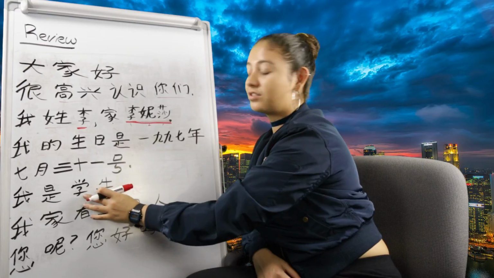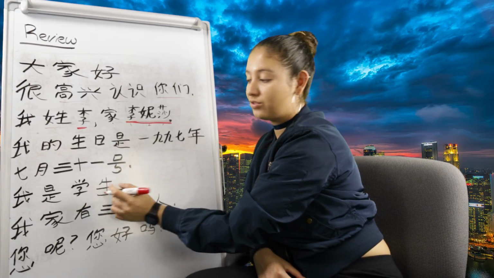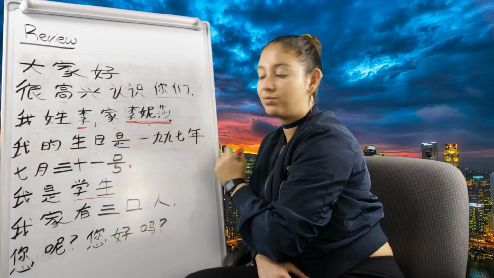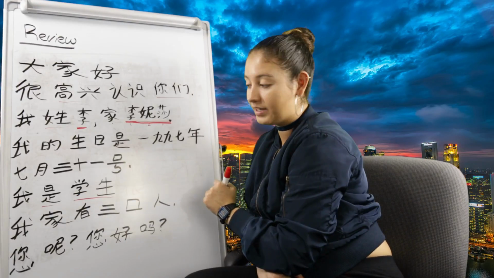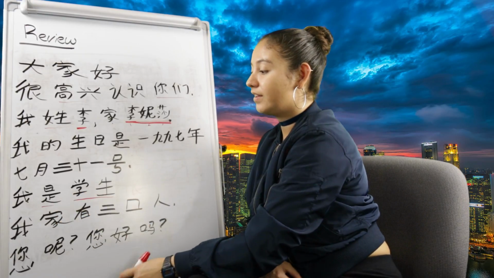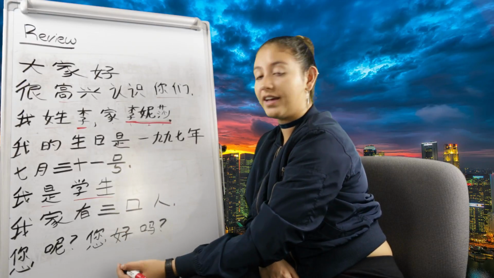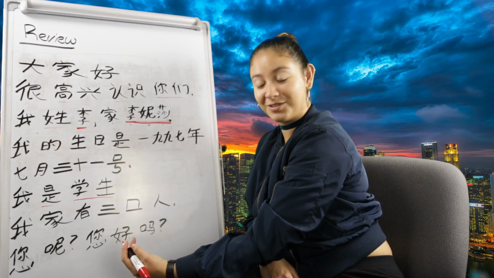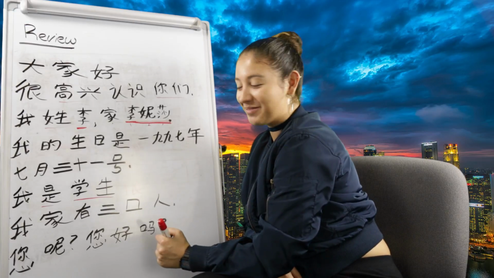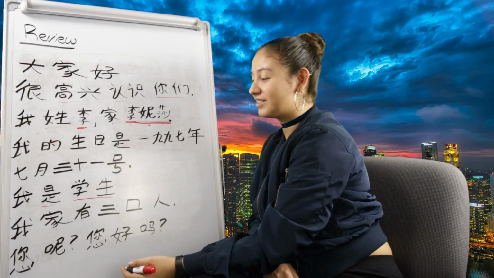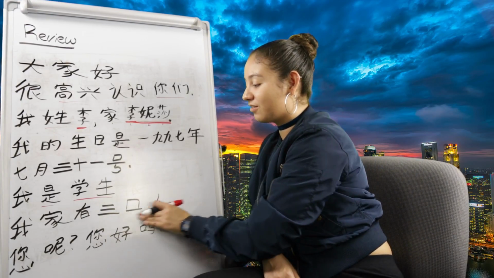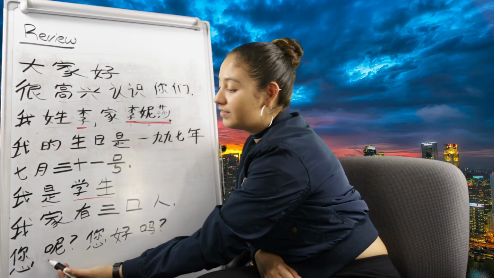我是学生, meaning that I am a student. 学生 meaning student. 是 meaning to be. 我是学生. Then we have 我家有3口人, meaning that I have 3 people in my family that are close. 我家有3口人. Next we have 您好.